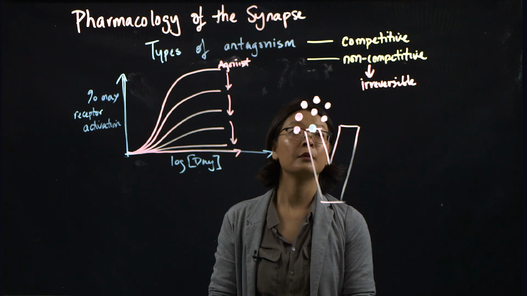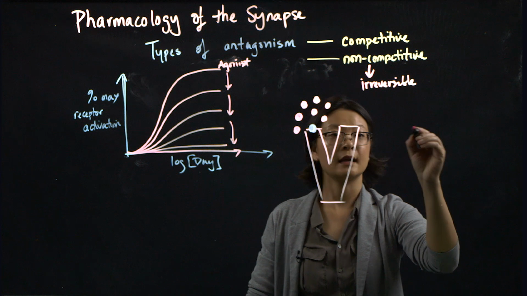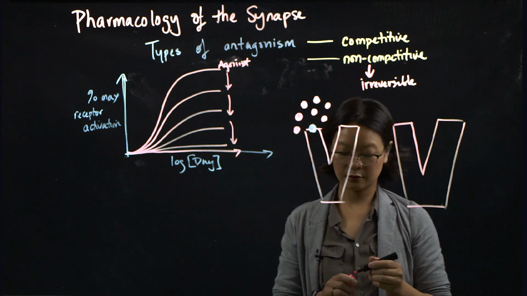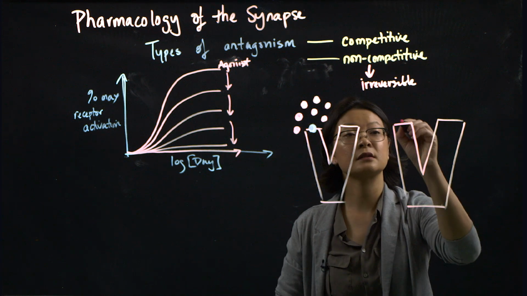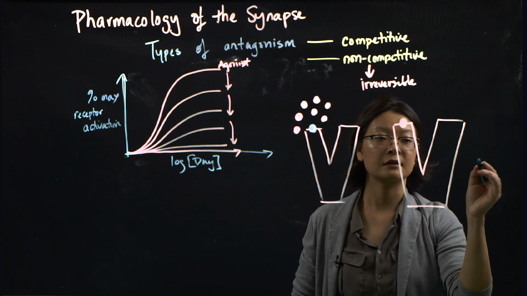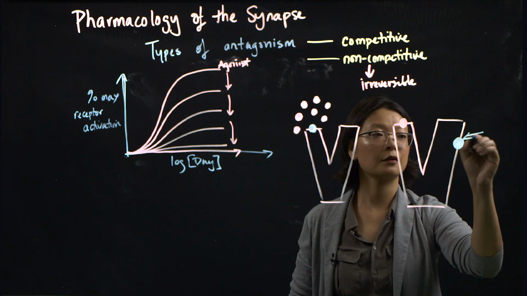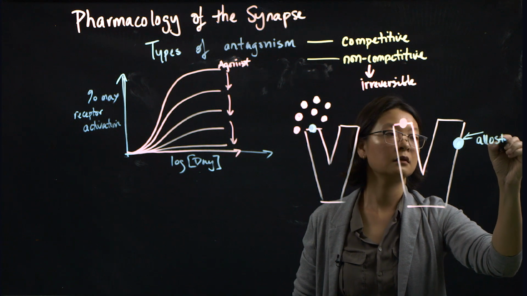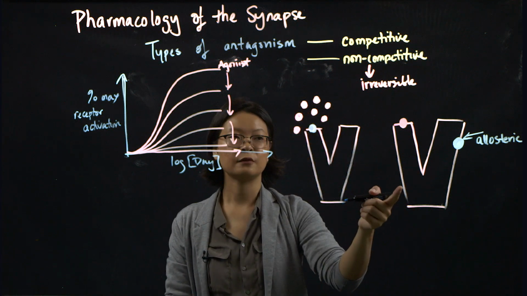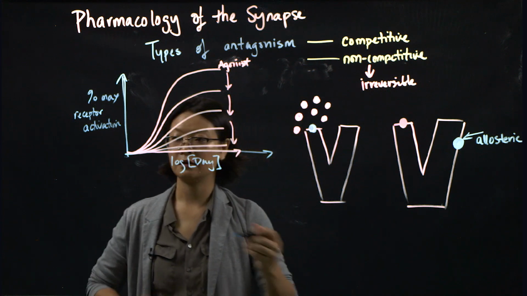The second type of non-competitive antagonist is not irreversible, but let's say your receptor is here, your ligand binds to its usual agonist binding spot, but now your antagonist binds somewhere else. So we call this other binding site an allosteric binding site. So there are subtle differences between the agonist curves in these two situations, and I'll just draw it right below.